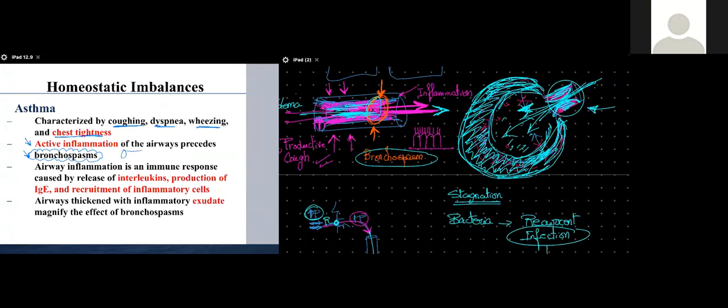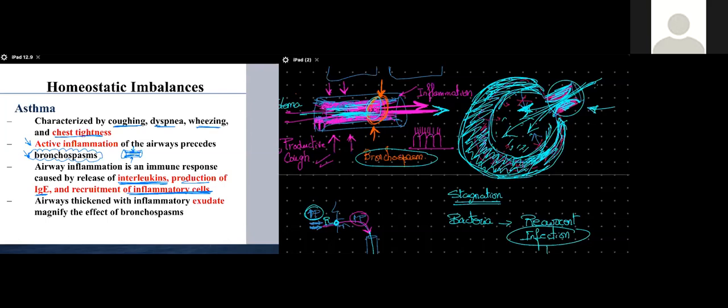So I've got bronchi which are contracted, bronchospasm, and they start to accumulate mucus inside, same as what we've just seen in the bronchitis of the COPD. What triggered the active inflammation here is the release of IgE and interleukins that will be recruiting a large number of inflammatory cells.